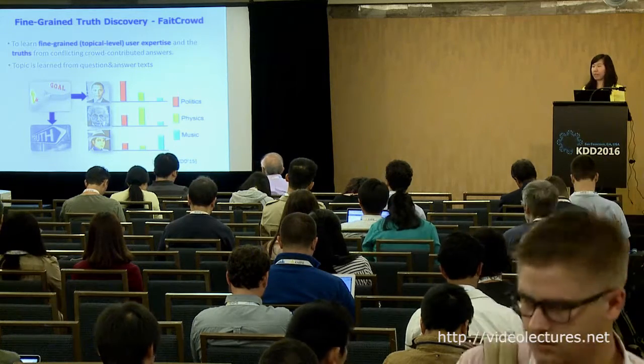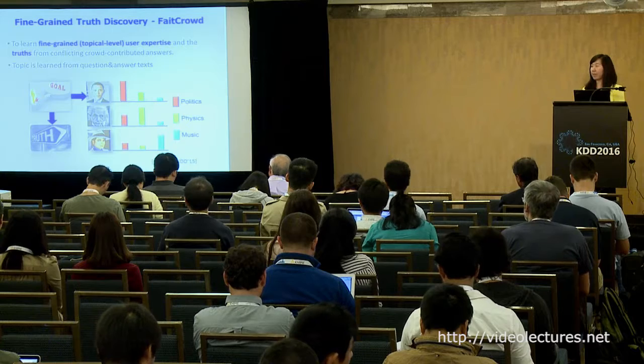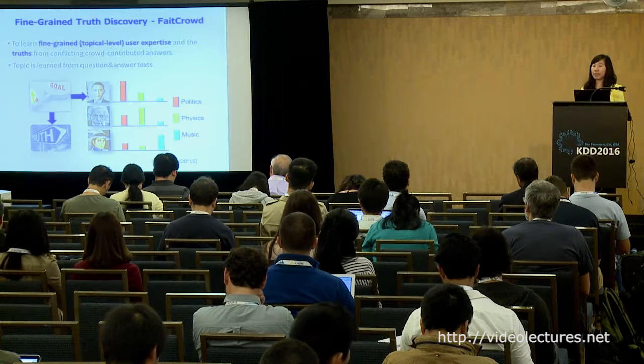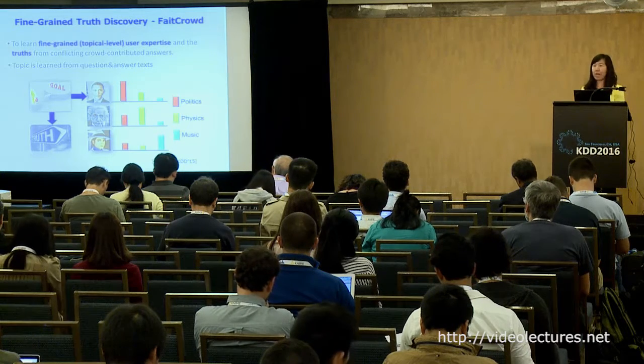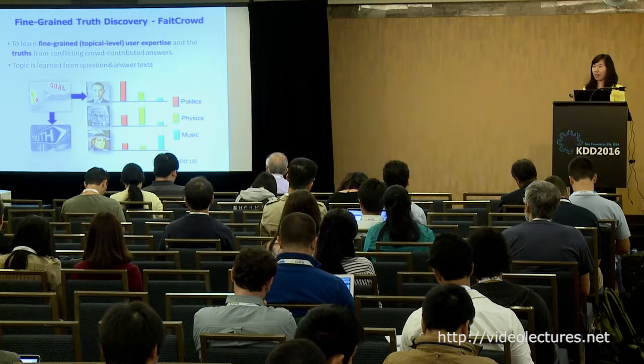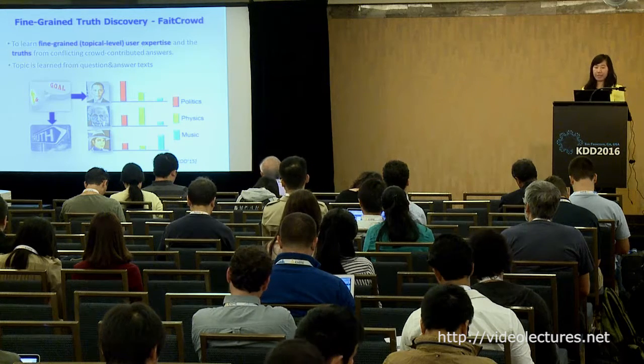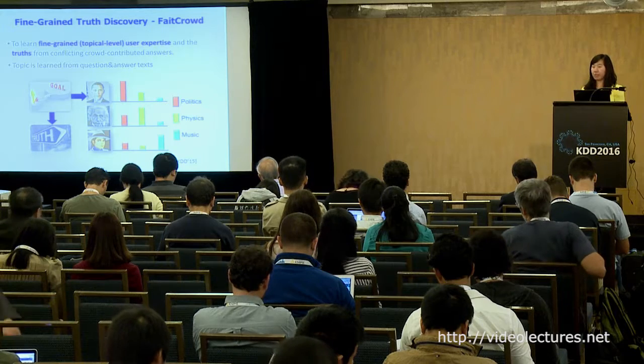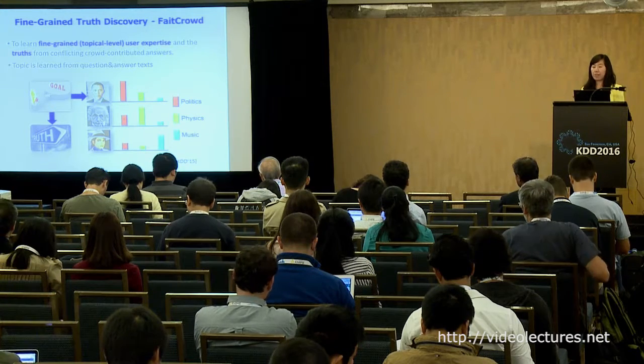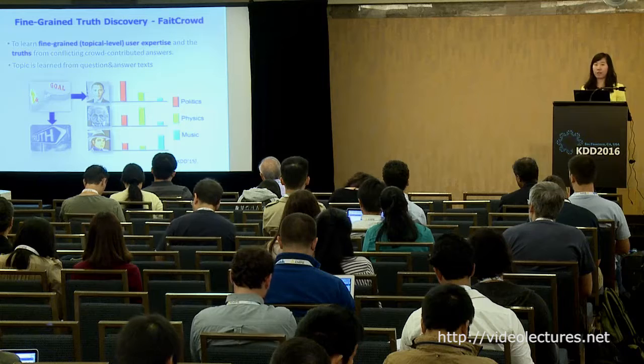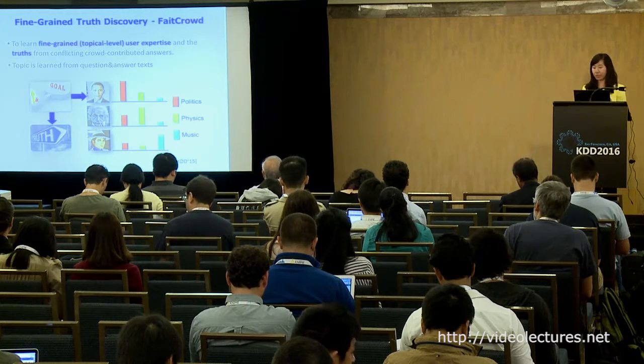Here, the fine-grained user expertise is defined based on topics. We assume that a user may have different expertise levels on different topics, and the topics are learned from the question and answer text. In this work, we focus on the question-answer scenario.